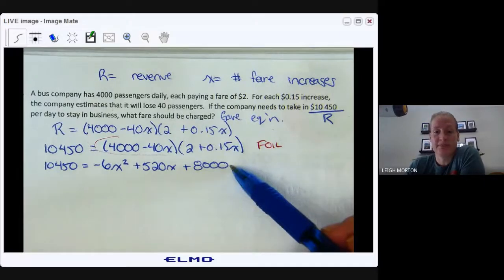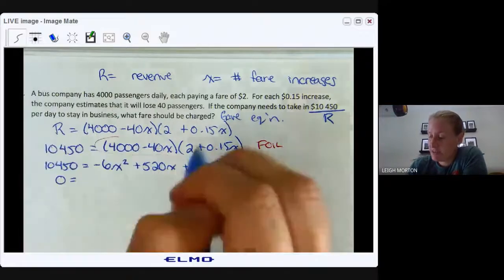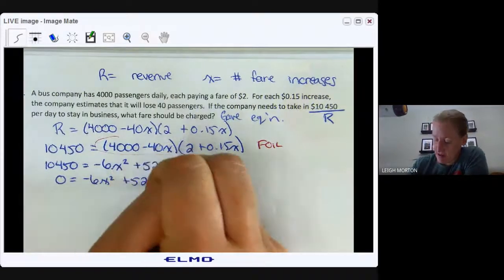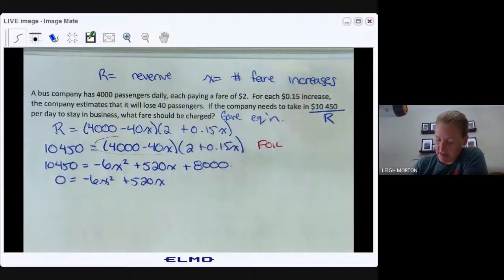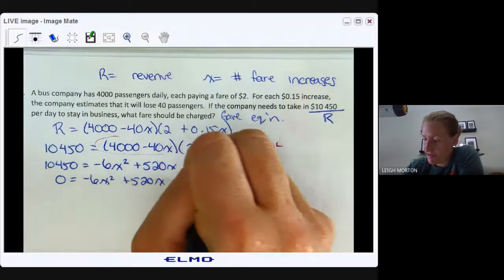So here's what you should get. Remember, we need to have the equation set to 0 to solve. So that's negative 6x squared plus 520x. Now, 8,000 minus 10,450 gives us negative 2,450.